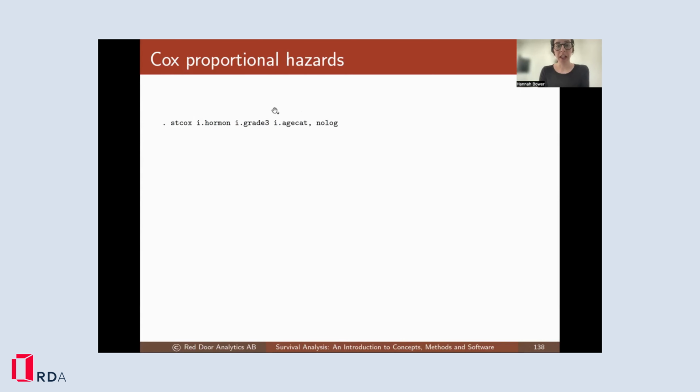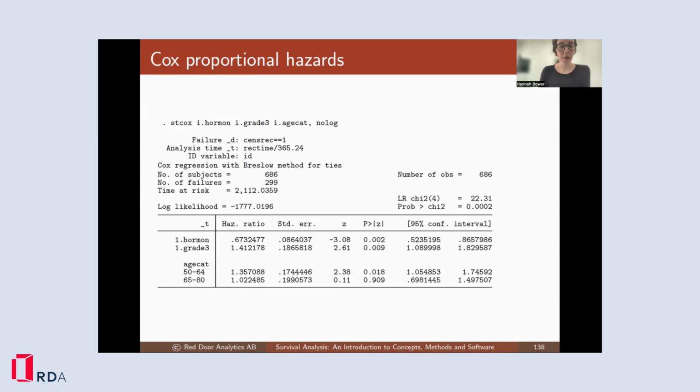And then we have an age category variable, which is 3 categories. And note that we use the i. notation for all of these variables because they are categorical variables. And we have the nolog option here just for some of the output to be shortened for the slides. So here we see our output.